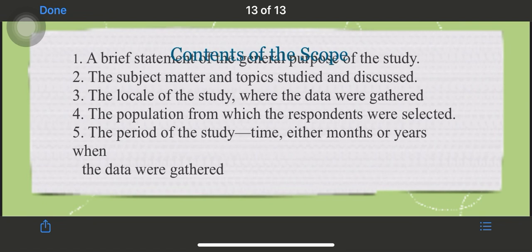When you're defining the scope, this can be in one to two paragraphs containing these items. Some of the sentences you'd include here were probably already mentioned in the introduction, but here it is more detailed and more concise.